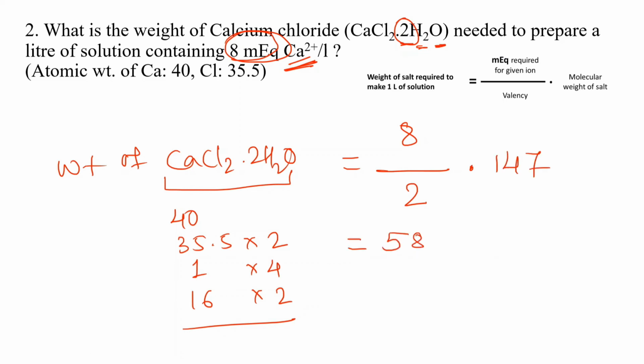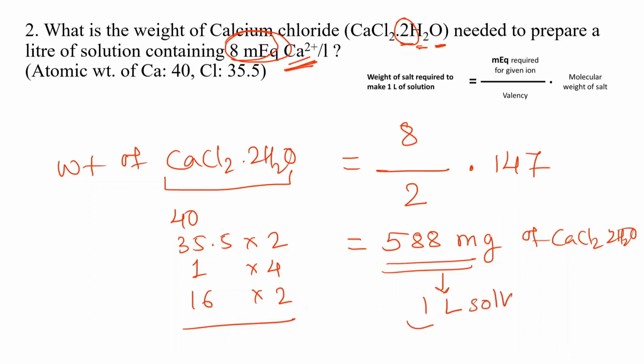The answer comes as 588 milligrams. So 588 milligrams of calcium chloride will be weighed and added in 1 liter solvent, so the resultant solution will have 8 milliequivalents of calcium ions.